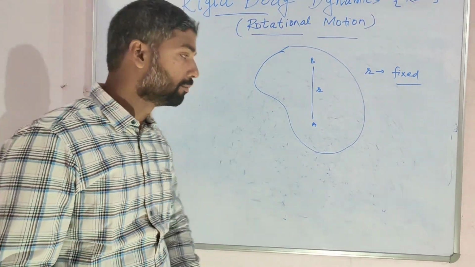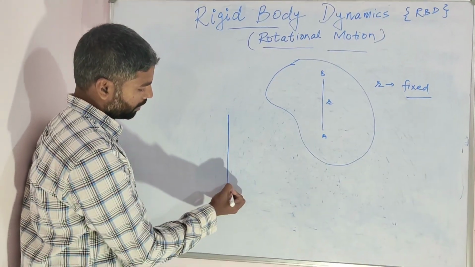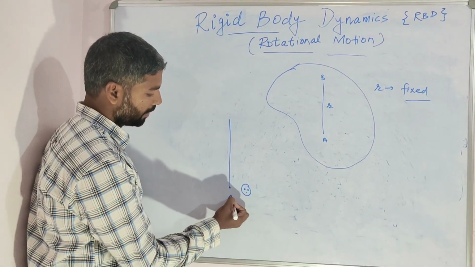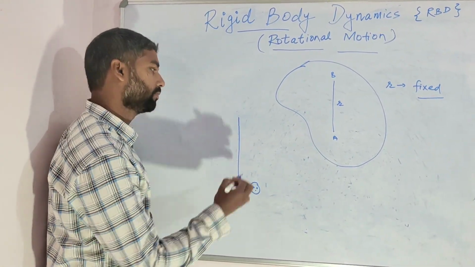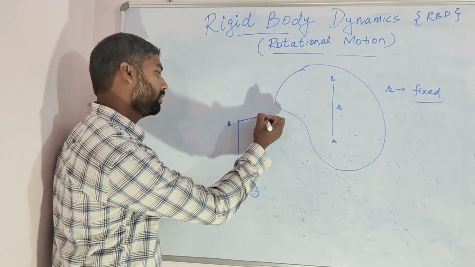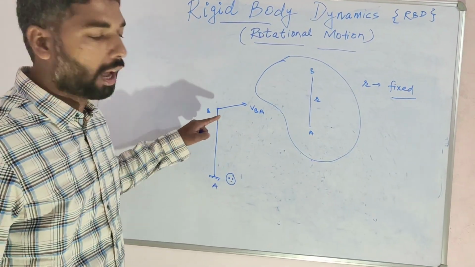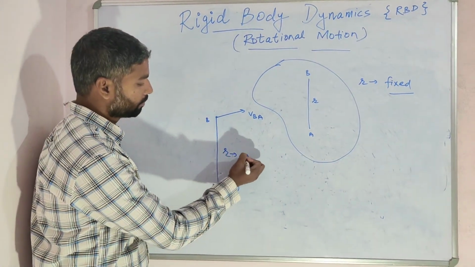Let's analyze that. Suppose this is an observer at A, and for him this is at rest, and this is a point B having velocity with respect to A, and this distance is fixed.